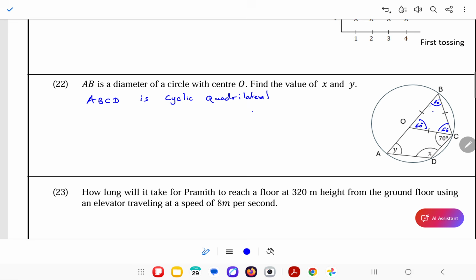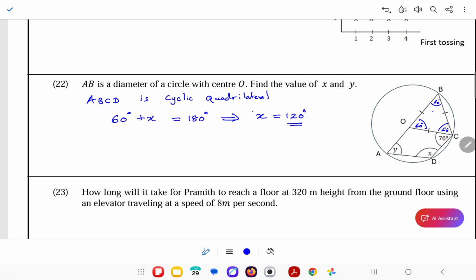So angle B and D add up to 180. So 60 plus x add up to 180. So x is 120 degrees.